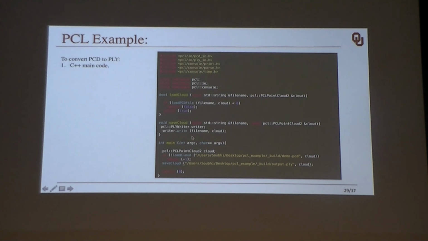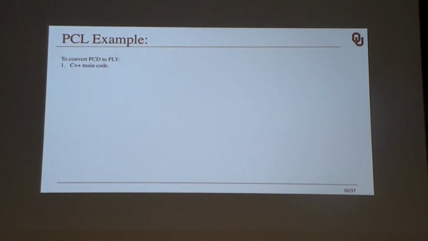And here in the main, we just load or read the PCD point cloud, and we write it again as a PLY point cloud. So here we just load PCD and write. It's very simple. So now we finished the C++ main code.